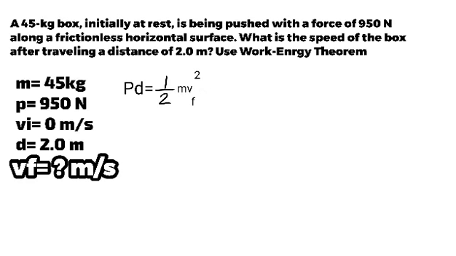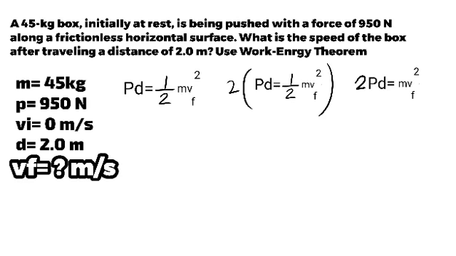Since we are trying to find the final velocity, we move the other variables away from it. We first take out the denominator: 2 times F times d, and 2 times 1/2 mass times final velocity squared. Then we multiply, and we get 2Fd equals m vf squared.